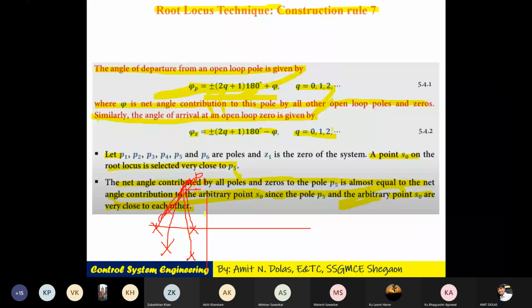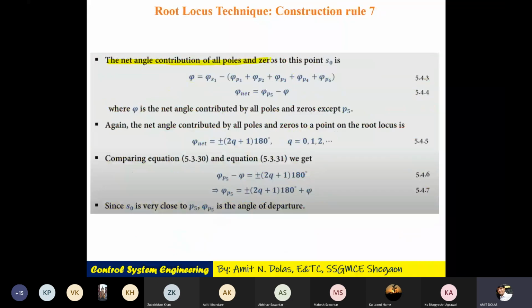So therefore, all the others, other than P5, whatever is the angle contributed by them, will be approximately equal to the angle contributed to the test point S0 with the P5 pole. This is the theory. Then the net angle contribution of all poles and zeros to this S0 will be how? It will be phi, the value of all angles contributed.